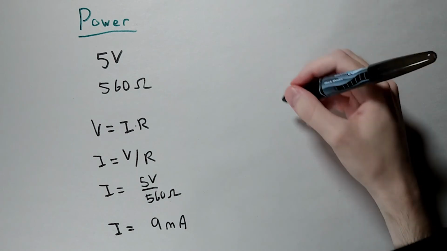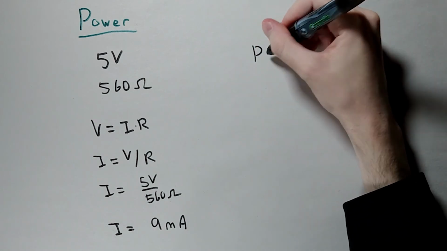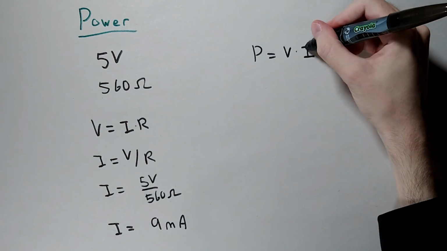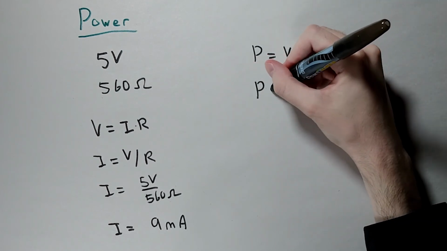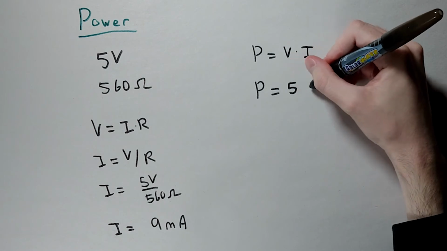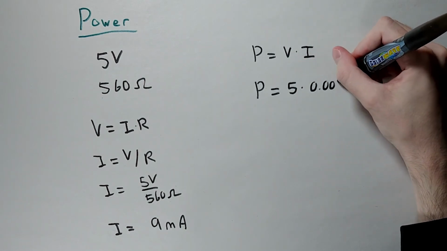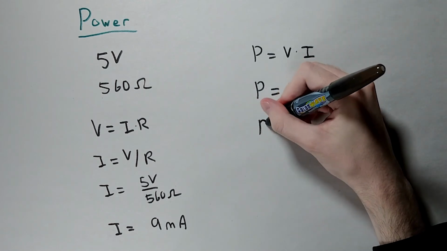Now that we have the current, let's go ahead and use the power equation. We'll do this one with volts times current, P is equal to V times I. Let's plug in what we know. So we know that it was 5 volts times now the 9 milliamps, or 0.009 amps.